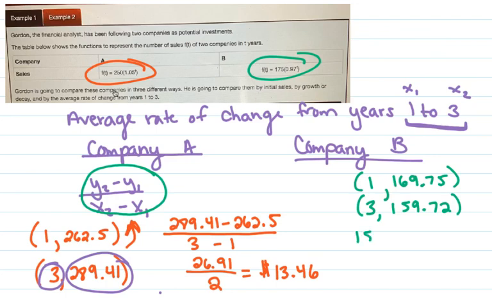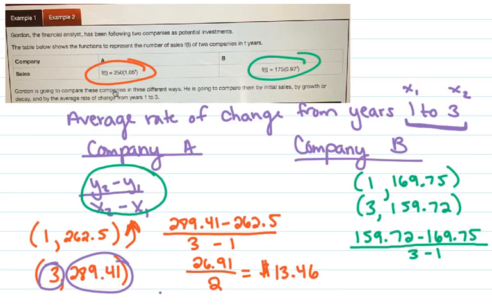So 159.72 minus 169.75 over 3 minus 1. Plug that into my calculator. So 159.72 minus 169.75.